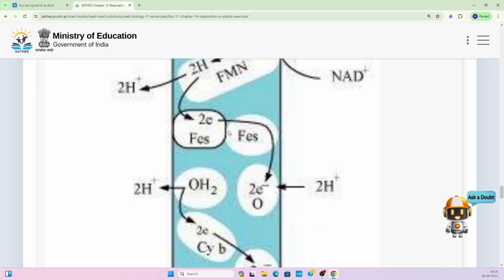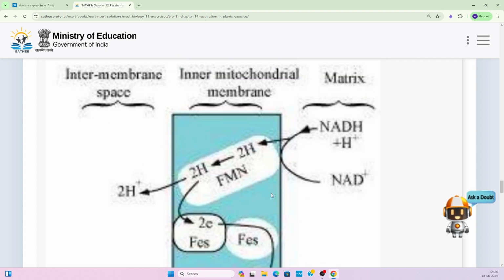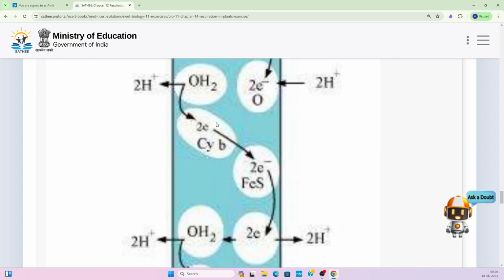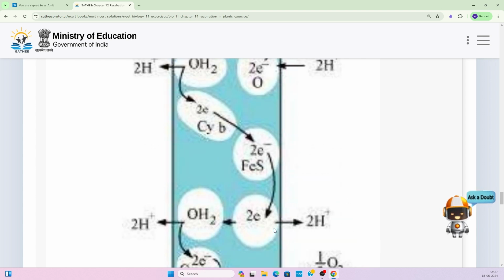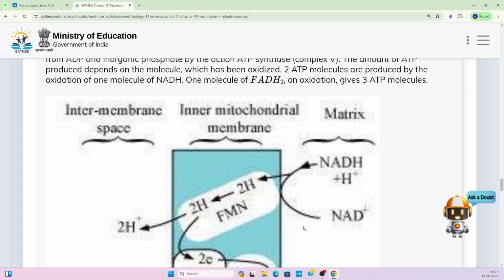Then the electron is transferred to FeS, then two electrons. It accepts 2 hydrogens from the matrix region. Then it proceeds to cytochrome B, FeS, and then to cytochrome C and A3.